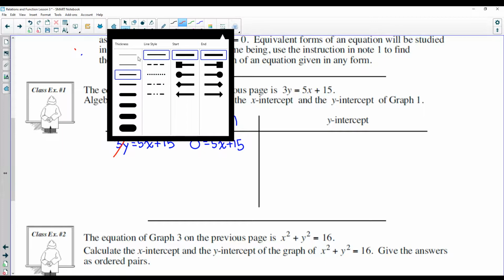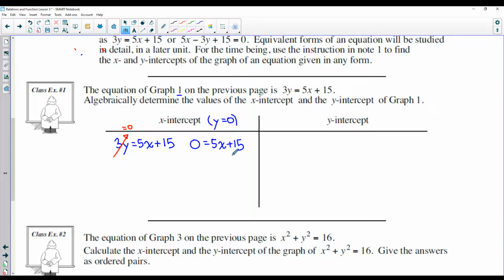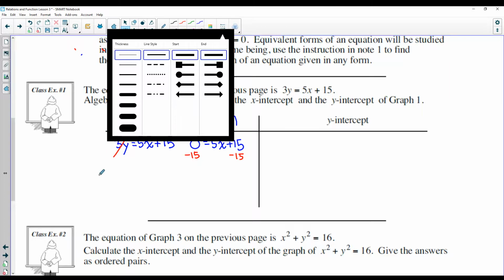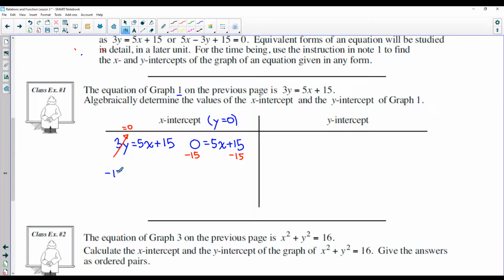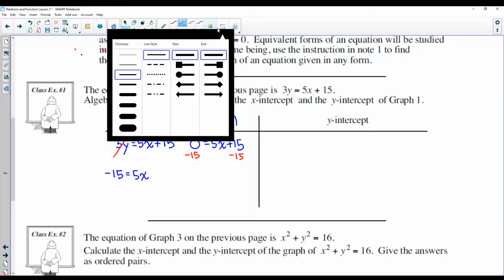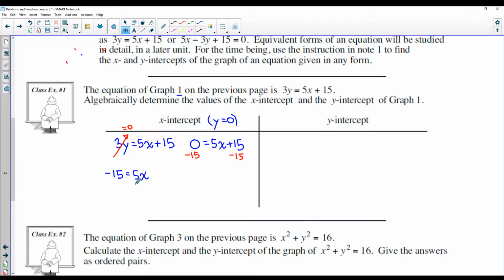The way I would do that is I'd start off by subtracting 15 from both sides because I want to isolate x. That leaves me with -15 = 5x. Then to get x by itself, you divide both sides of the equation by 5.